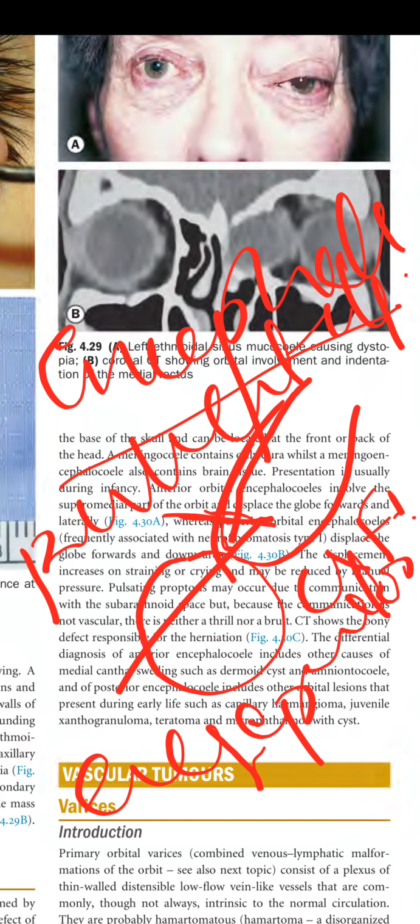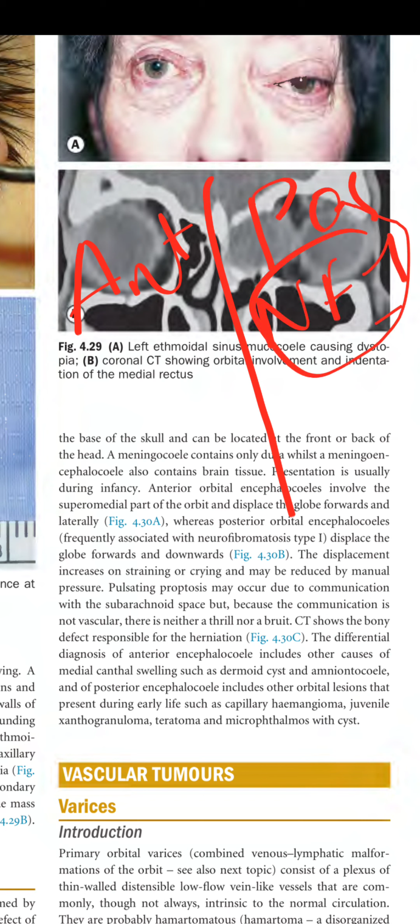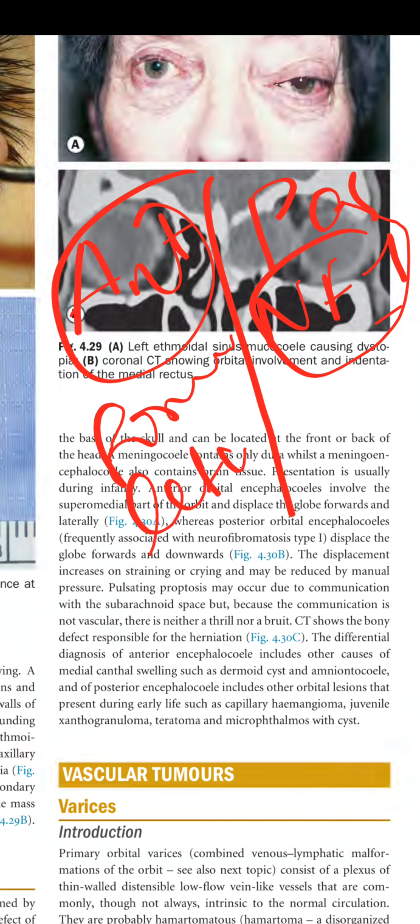There can be two types of encephalocele, anterior and posterior. The posterior is usually related with NF1, and both of them cause proptosis, but the anterior one causes proptosis forwards and lateral, whereas posterior causes forward and downward.